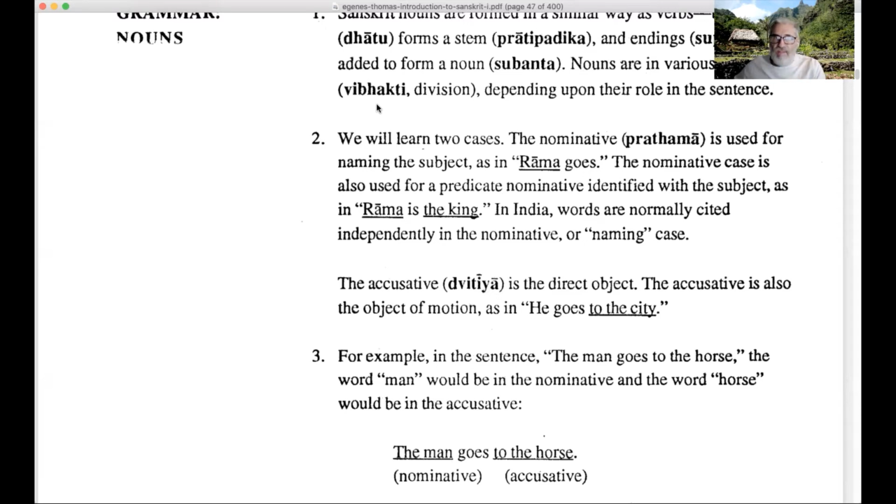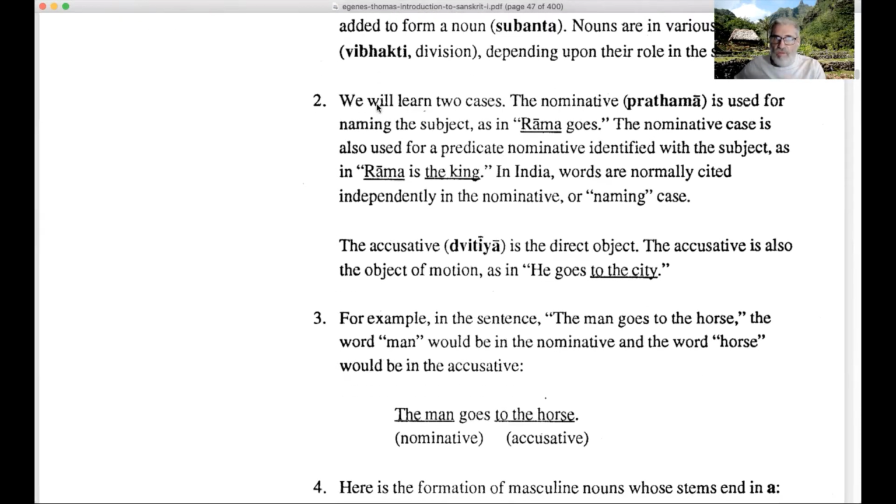The nominative case is also used for a predicate nominative identified with the subject, for instance, as in Rama is the king. So that will be Ramaha Rajaha Bhavati. Bhavati means to be. He is, right?